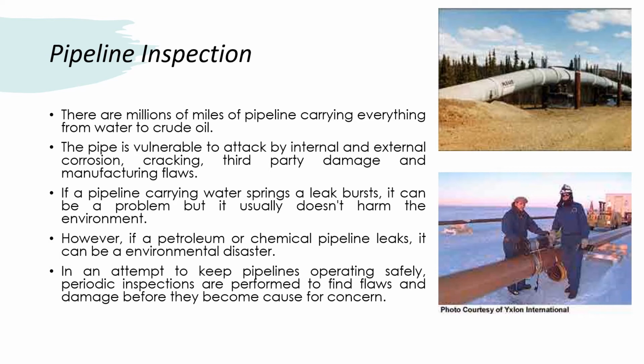So we need to repair this leakage. In an attempt to keep the pipeline operating safely, periodic inspections are performed to find flaws and damage before they become cause for concern.